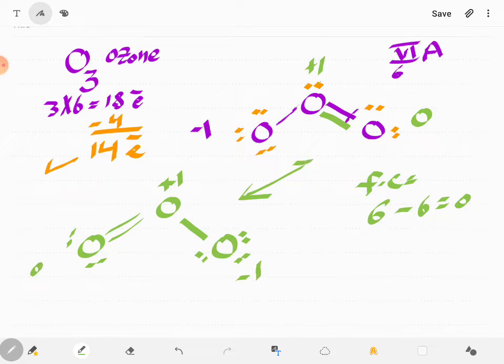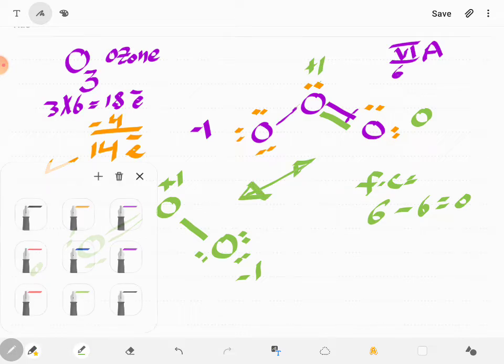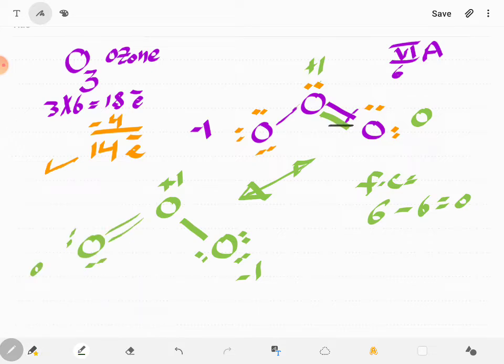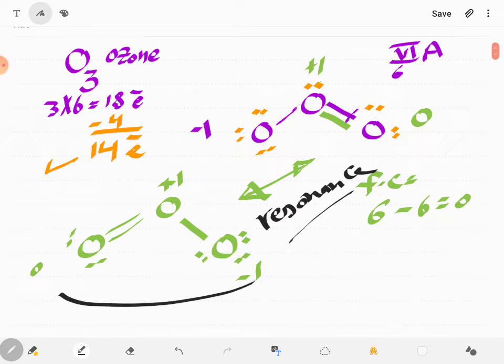That is called what? Look, I make the arrow two-way, meaning resonance. The structure here, this one breaks, and the new one forms here. So it's called resonance. Then it's like flipping back and forth. So this is correct and that is correct. So this is for ozone.